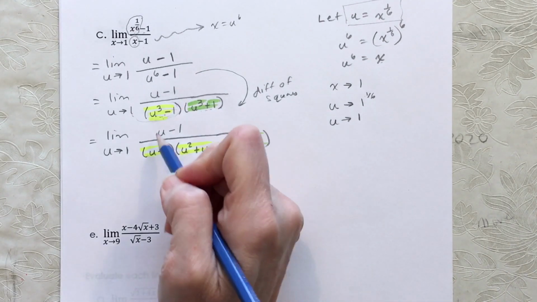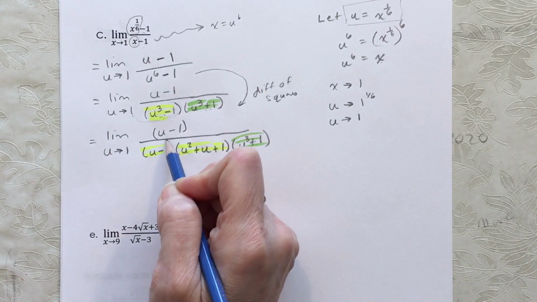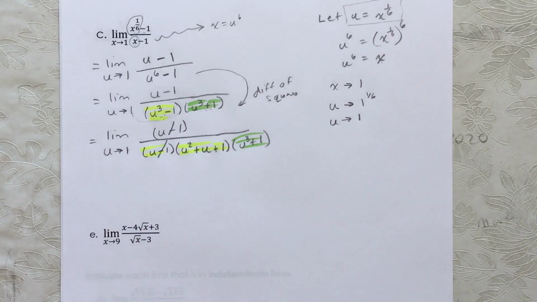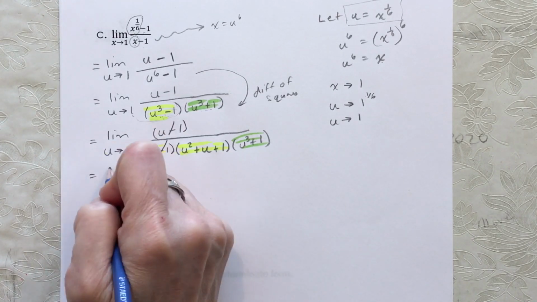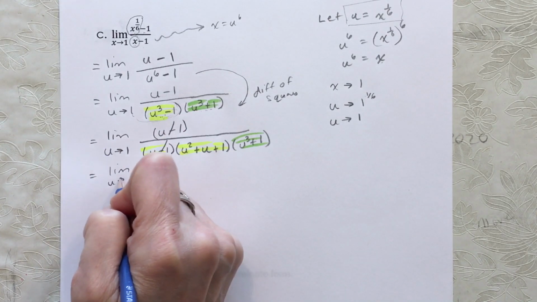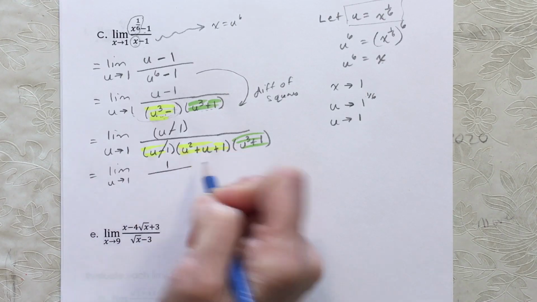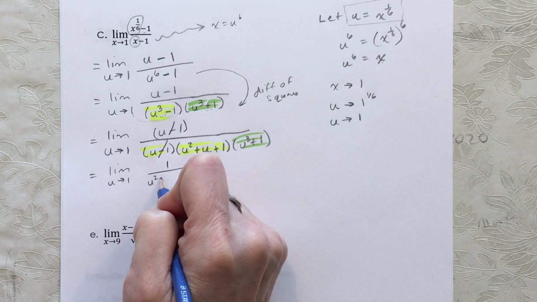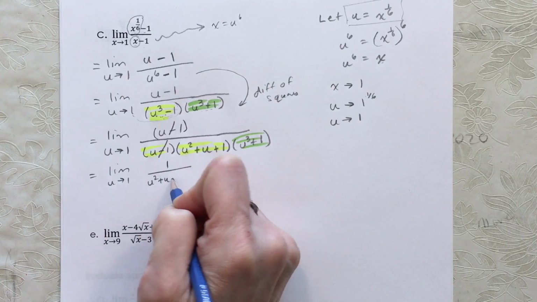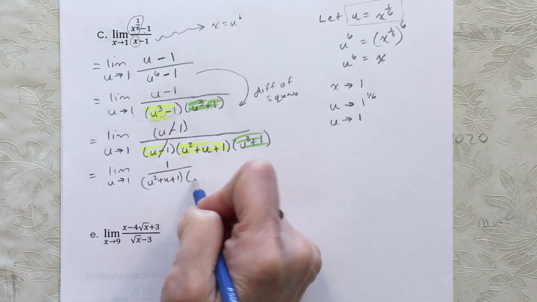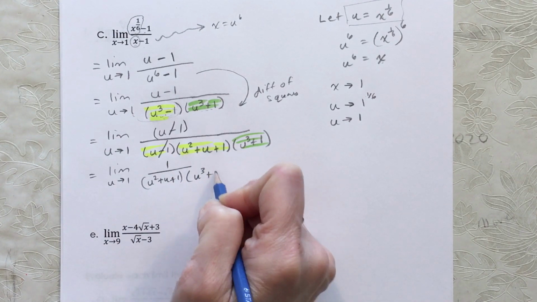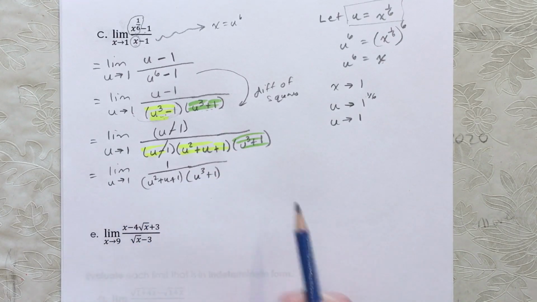And then fortunately, once I factored, I can now divide out those u minus 1s. So now my numerator is 1 and my denominator is u squared plus u plus 1 times u cubed plus 1. And now it's safe to let u approach 1 because I'm not going to get 0 in my denominator.